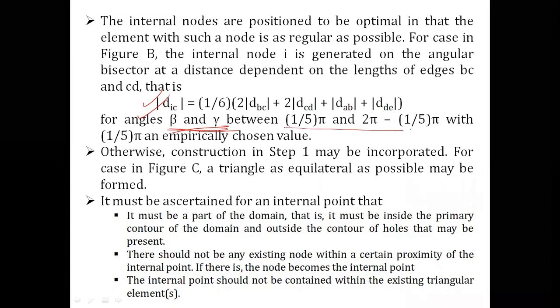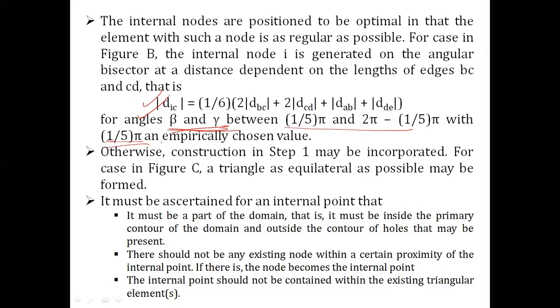This is the range for beta, and gamma is 1 by 5 pi. This is an empirically chosen position, and as a result, you take gamma as 1 by 5 pi, and you simply draw a line, and once the line has been generated, you connect the other node also. So this is how you basically work with the system.